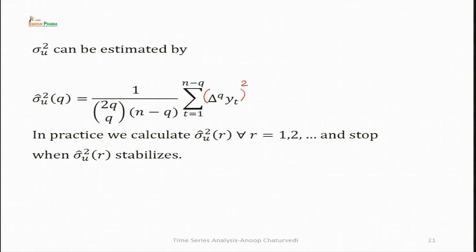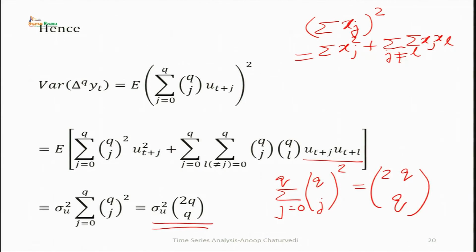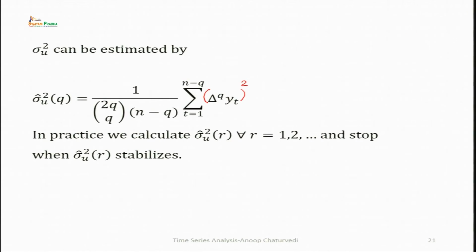So, obviously, if you take expectation of the right hand side, then using this final result, you easily obtain that this estimator, this right hand side, provides you an unbiased estimator of sigma square u. Now, in practice, what do we do?